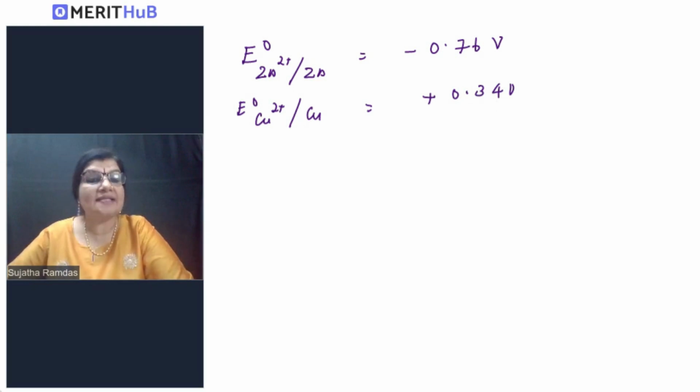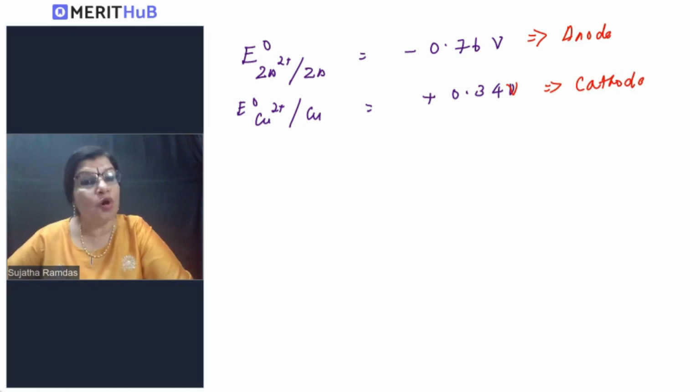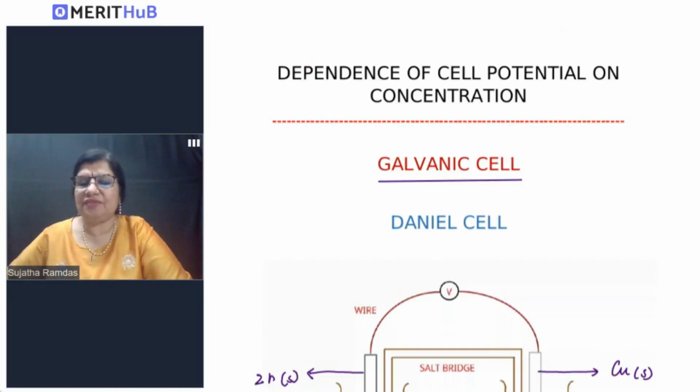Copper ion has a higher standard reduction potential, so a higher drive to undergo reduction, and therefore we consider this to be the cathode. The copper half cell will play the role of the cathode and the zinc half cell will play the role of the anode. You're all aware of this.